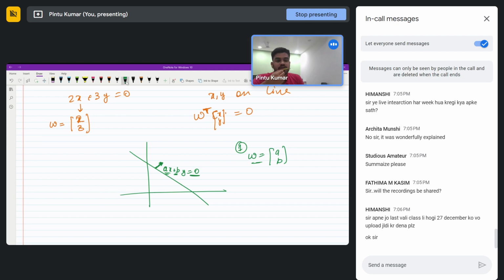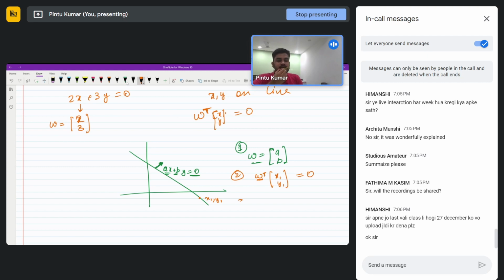So w is a comma b. This is the first thing that I said. Now let's say I have a point x1 comma y1 that lies on the line. The second thing is that w transpose with x1 y1, the dot product of w with any point that lies on the line, is always 0.